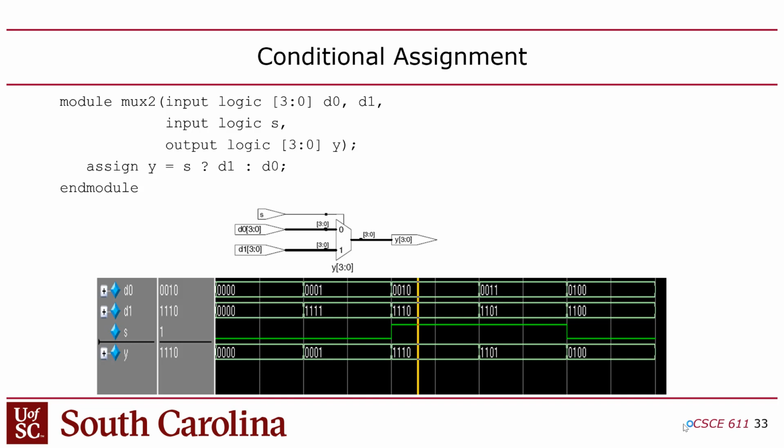So you have an expression, question mark, right? And then what follows the question mark is what the expression should evaluate to if the condition was true. And then you put a colon, and whatever comes after the colon is what the whole expression evaluates to if the initial condition was false, right?